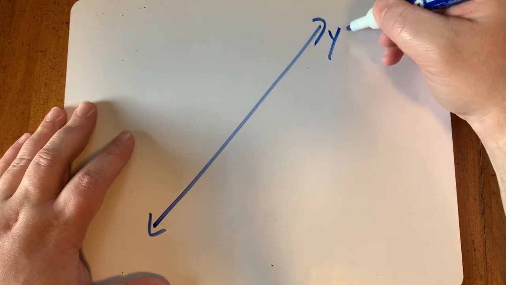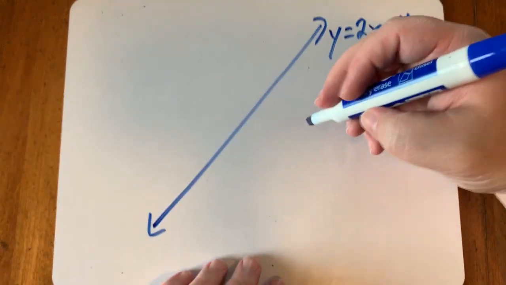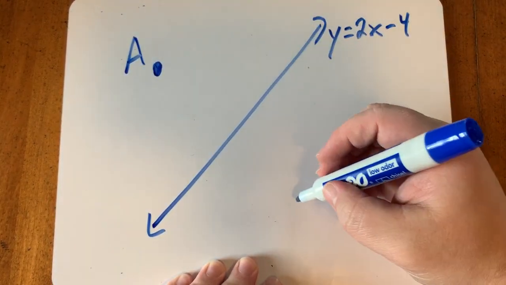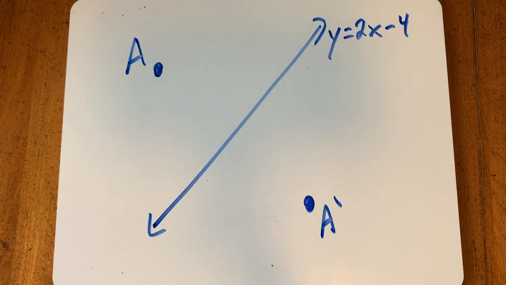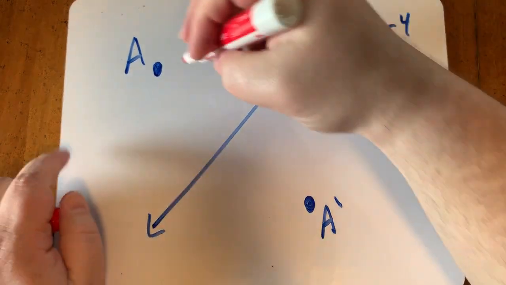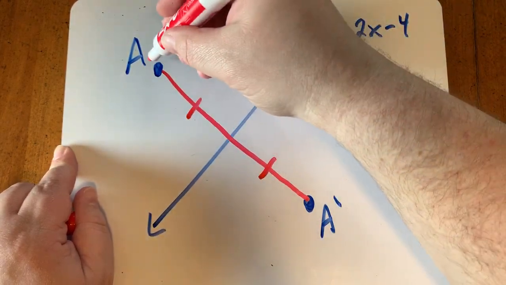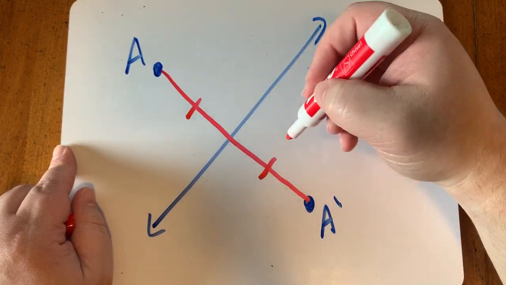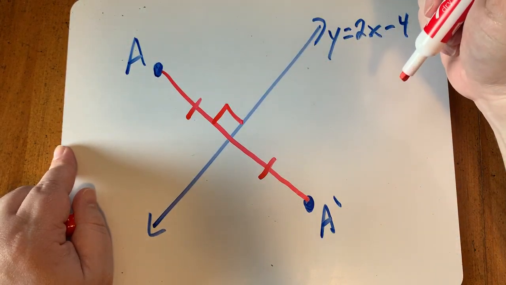Let's say this line was y equals 2x minus 4. If you have a point on one side, I'm just going to call it A, its reflection, A prime, would be about here. What's happening is that the distance from A to the line of reflection and the distance from A prime to the line of reflection is the same, and distance from a point to a line is perpendicular.